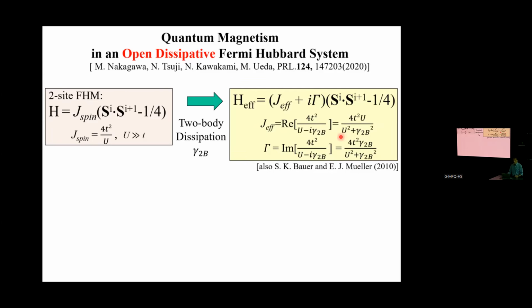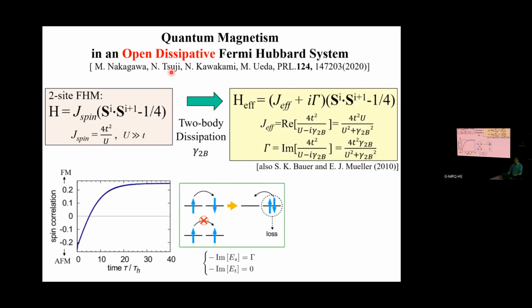And according to this paper by Dr. Nakagawa, because of the dissipation, the spin correlation shows a sign reversal from the antiferromagnetic one to the ferromagnetic one.